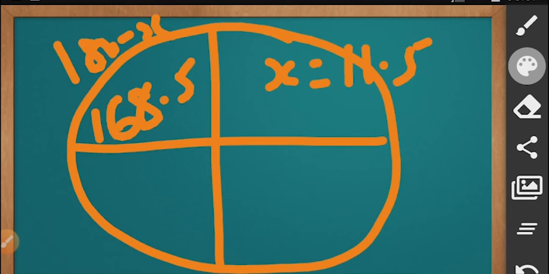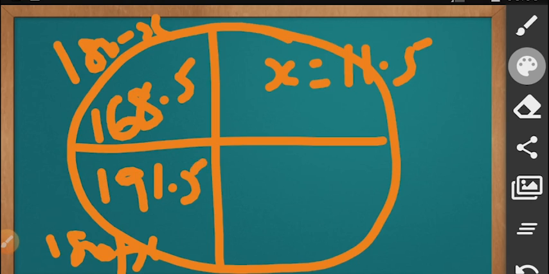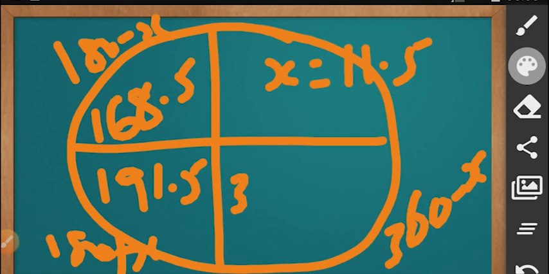Then we are going to have this answer as 180 plus x. It's going to be 191.5. Then what about the angle here? It is 360 minus x. So we're going to have 348.5, right?